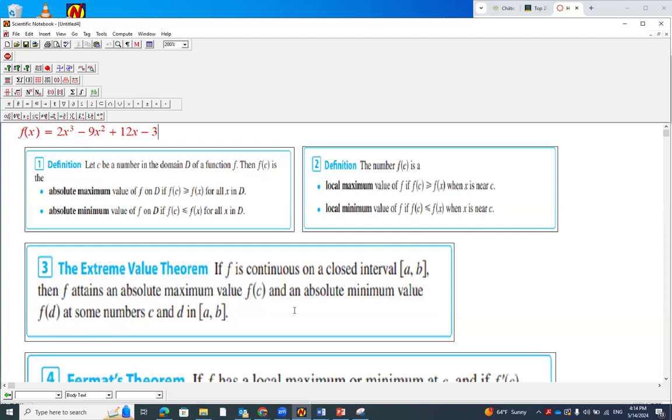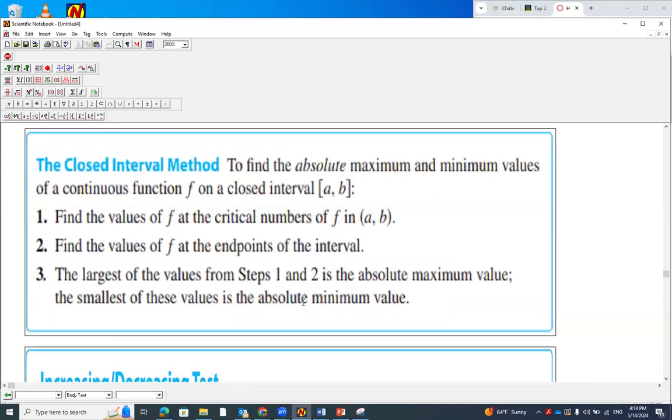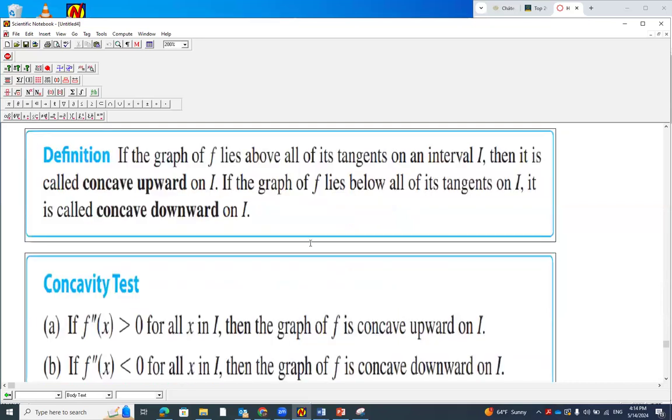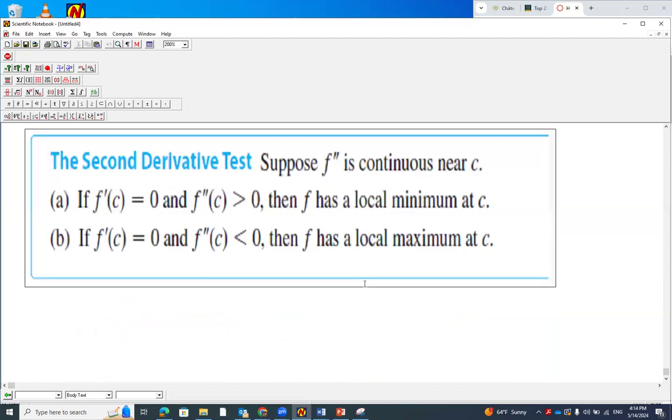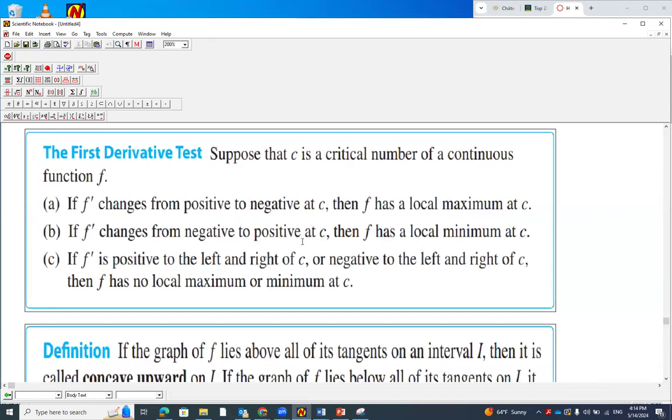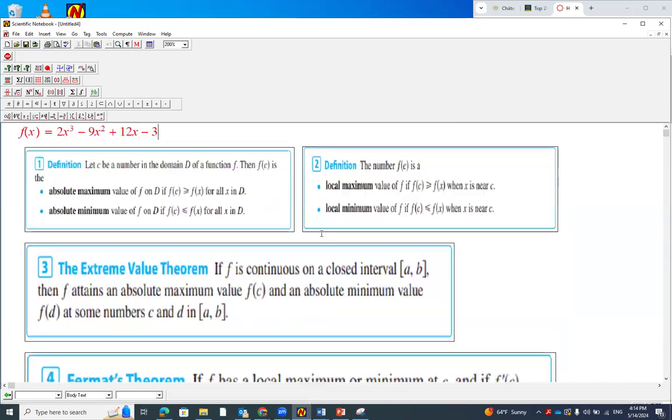However, the definitions of absolute max, absolute min, local max, local min, and Fermat's theorem do apply, though the closed interval test doesn't. You should have all of these flashcards with you. The second derivative test and the first derivative test all apply, so we're going to go over them in this example.